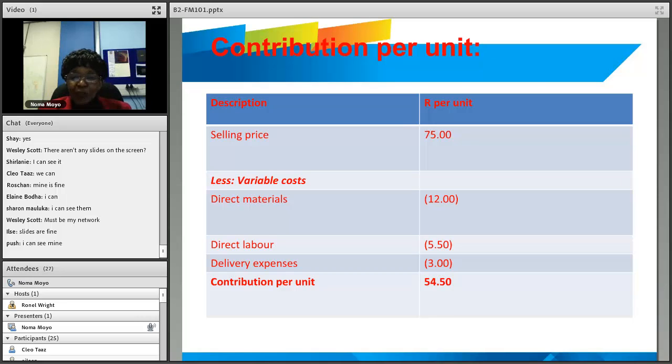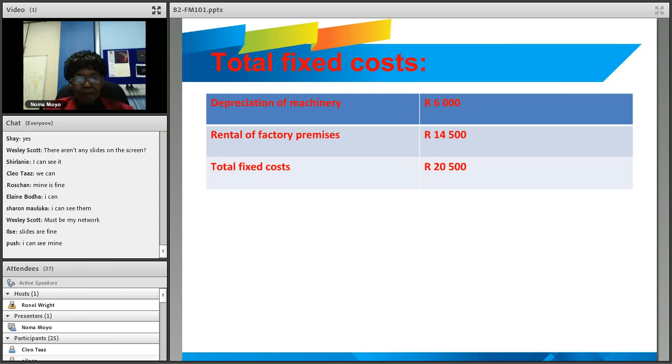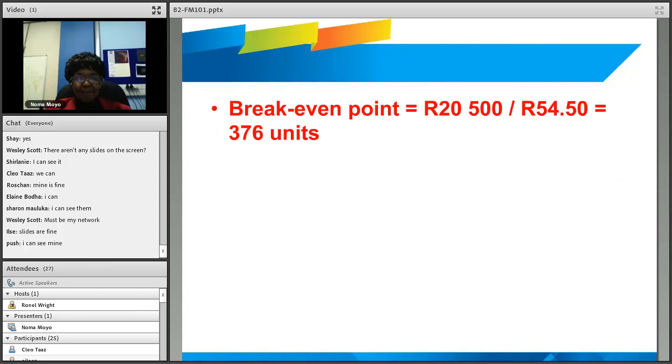So to calculate our contribution per unit, it is the selling price 75 less variable costs: less 12 rands, less 5.50, less 3 rands. Our contribution per unit is going to be 54.50. So now we say fixed costs divided by 54.50, which means for us to break even, we are going to need 376 units.